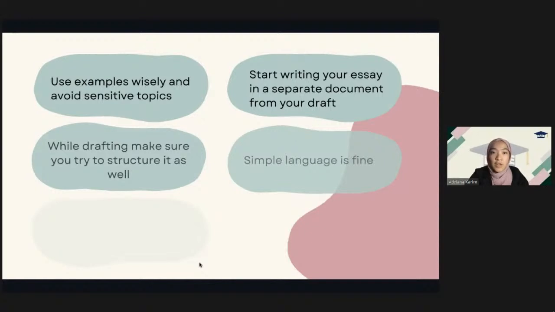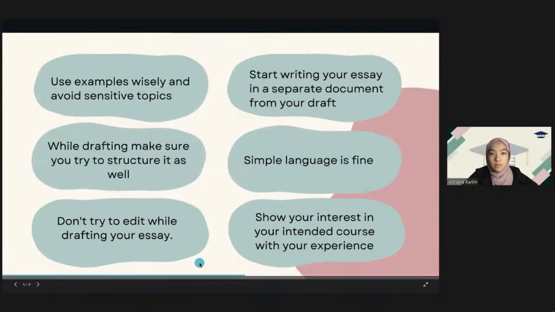Next is to start writing your essay in a separate document from your draft. More often than not, in the scholarship application portal, they will give you a field where you are expected to write your essay.